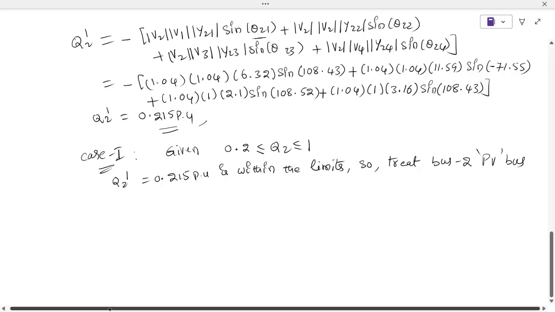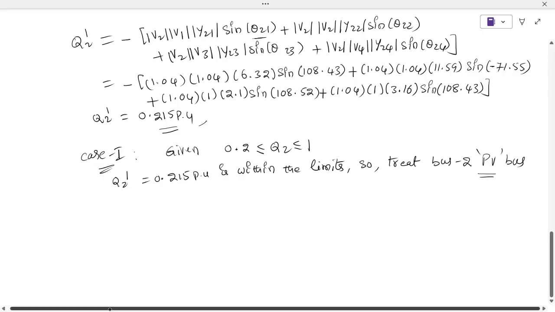Now as you are considering bus 2 as PV bus, what do we have to calculate here? For a PV bus, V is already known, they have given it, that is 1.04. No need to calculate that, only the angle we have to calculate here. If it is a PV bus, you have to calculate the voltage angle, or otherwise if it is a PQ bus, we need to calculate the delta also.